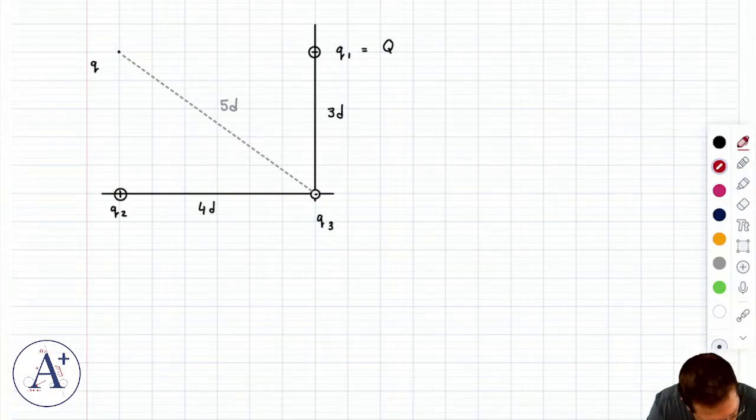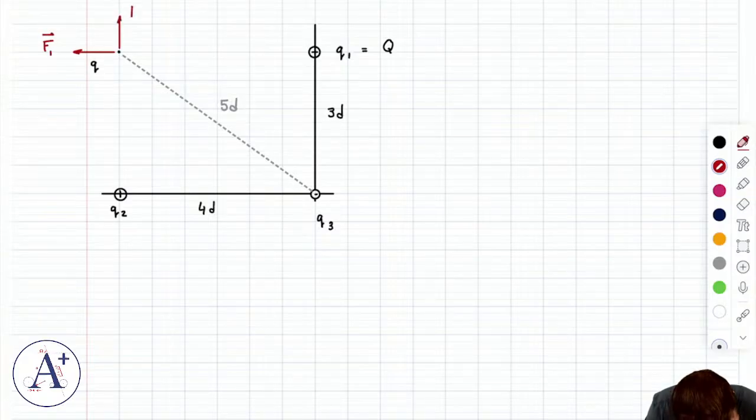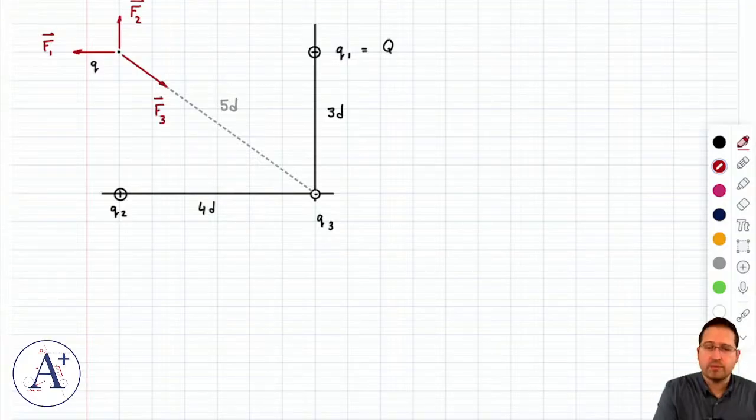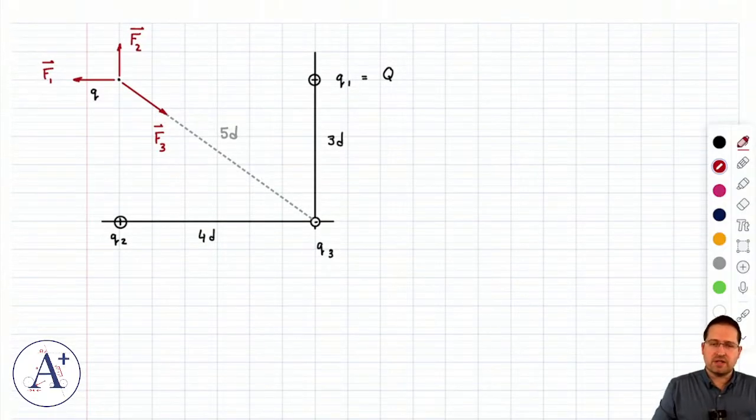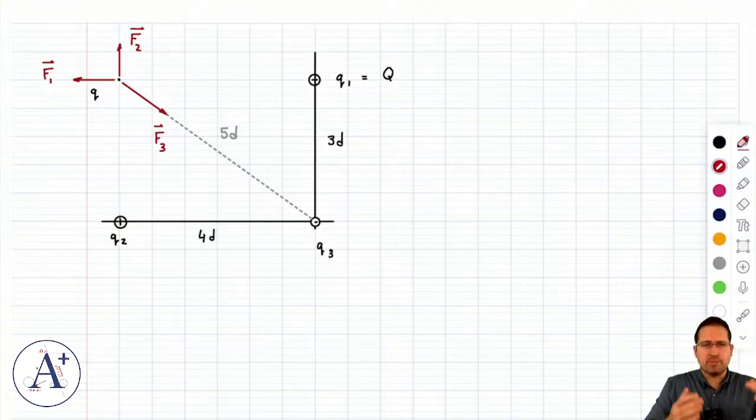And then let's redraw our forces like we had them. We had F1 going to the left, F2 pointing up, and F3 going this way. Now, F1 and F2 are pretty easy to account for. Pointing left, that's minus x hat, and pointing up is plus y hat.